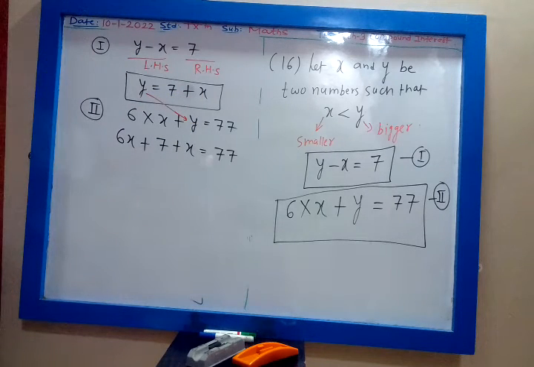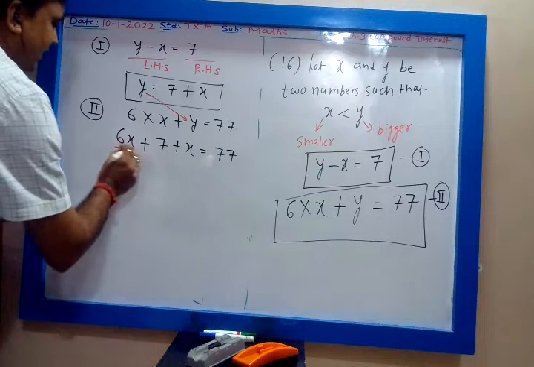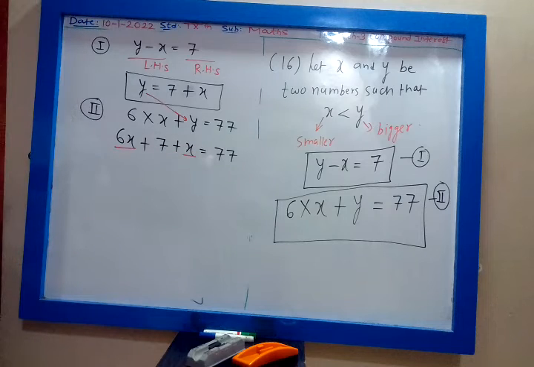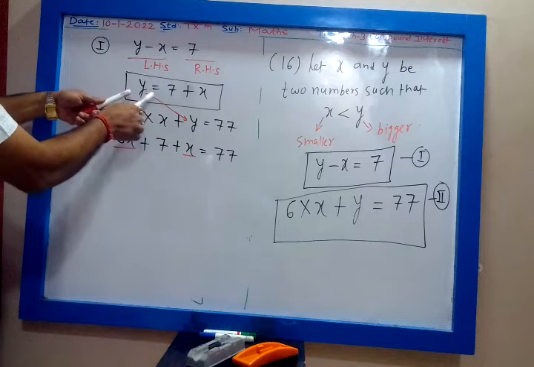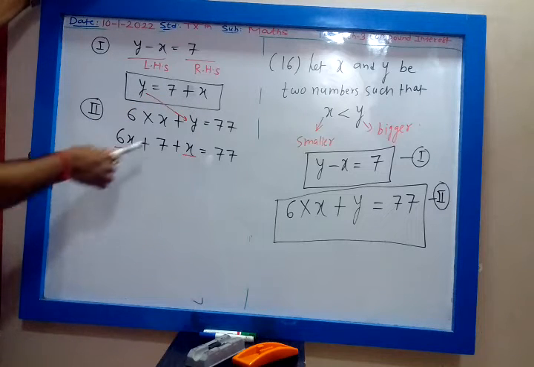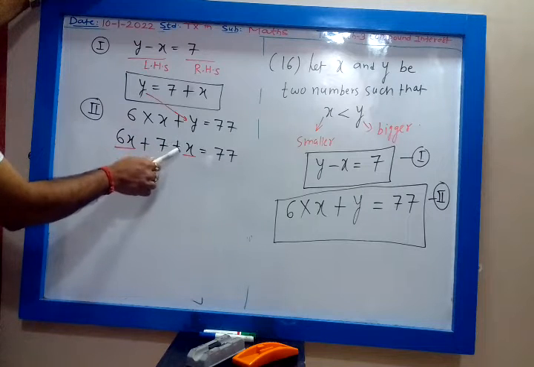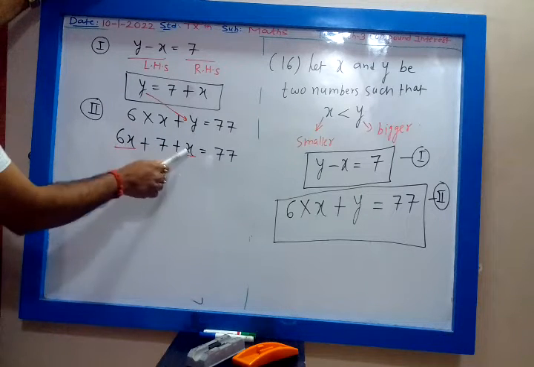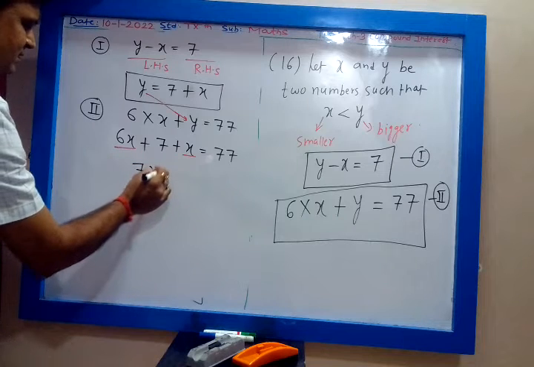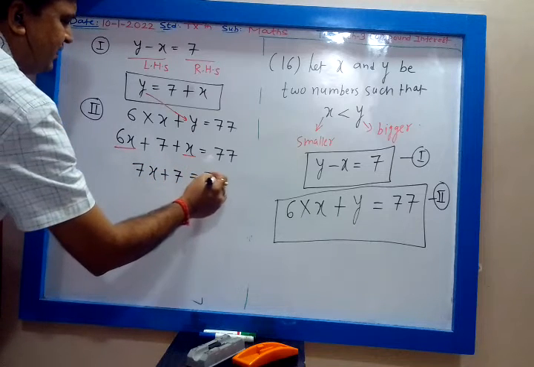Understood? Now add the like terms together: 6x plus x. X means 1x, so 6x plus x will be 7x. 7x plus 7 is 77.